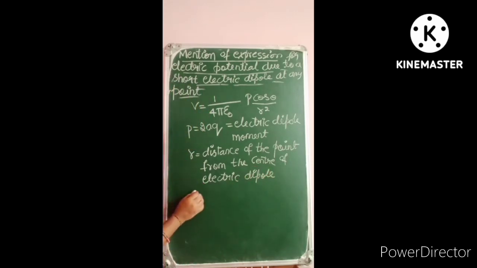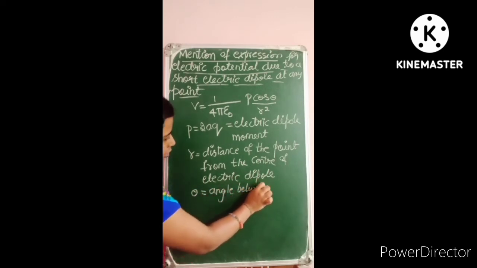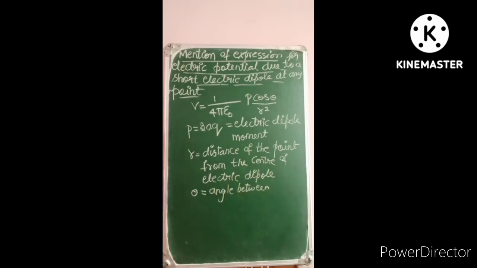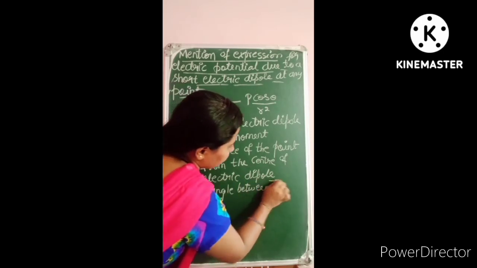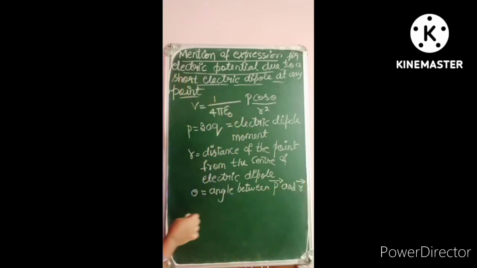And next one is the theta value. Theta is nothing but the angle between P bar and R bar, right?